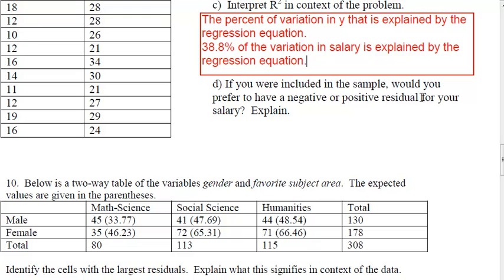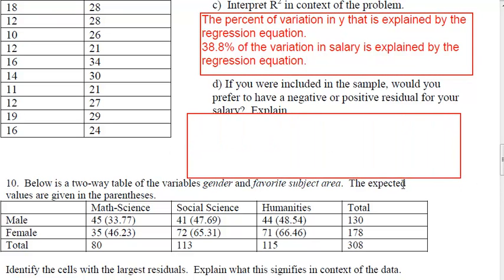If you were included in the sample, would you prefer to have a negative or positive residual for your salary? Okay, so remember that the residual is equal to the observed minus the predicted. And so if your observed is larger than your predicted, then you'll have a positive residual. If the observed is smaller than your predicted, then you'll have a negative residual.